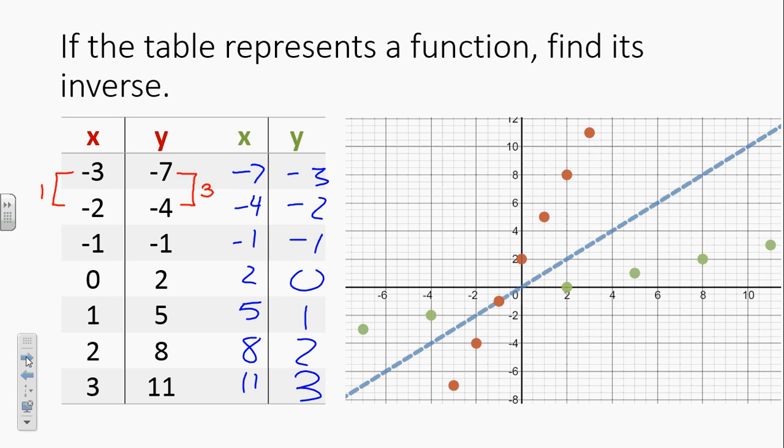Okay, what's going on with these guys? What's the change in y here? -3 minus a -2? Minus a minus is plus, right? So -3 plus 2? What's the change in x here? -7 minus a -4?